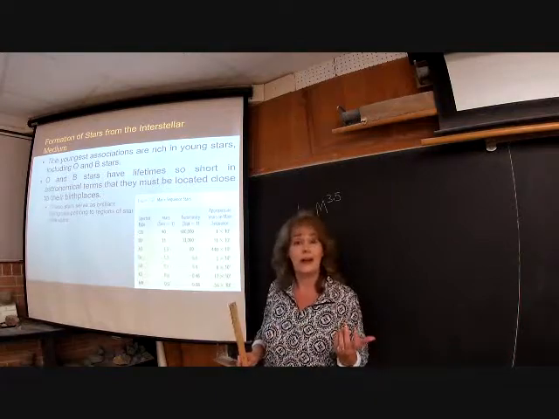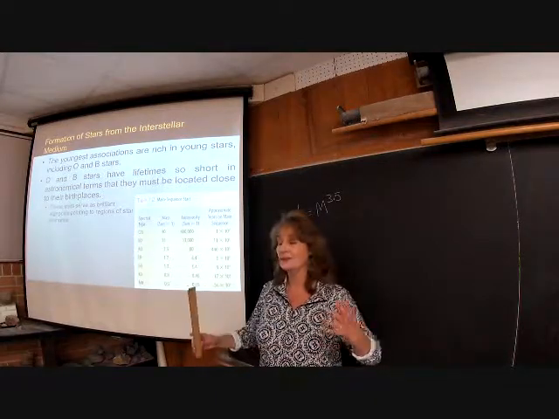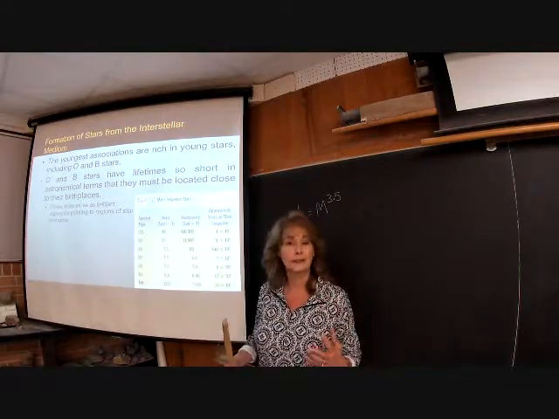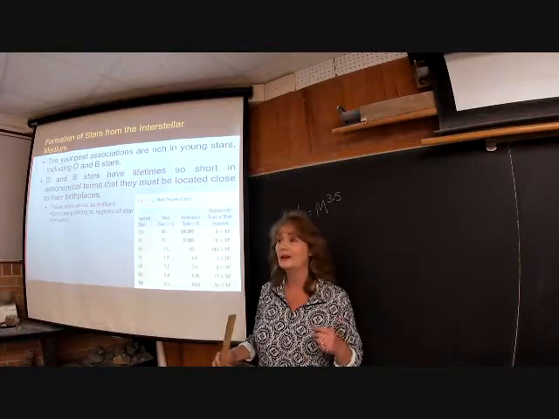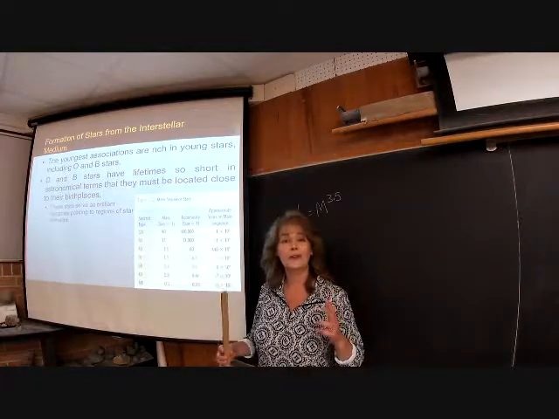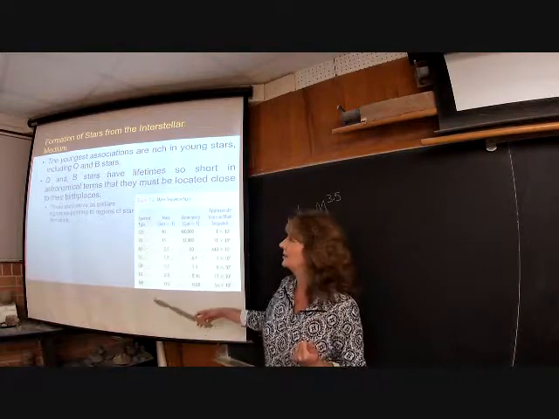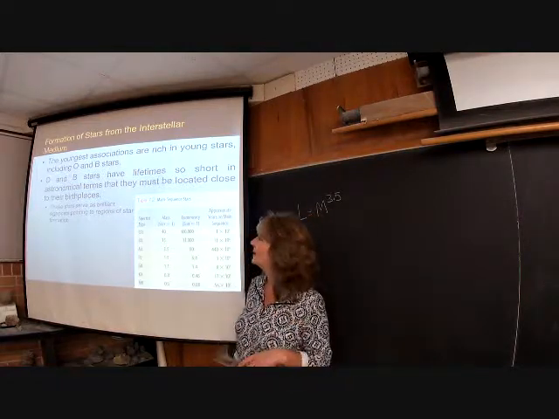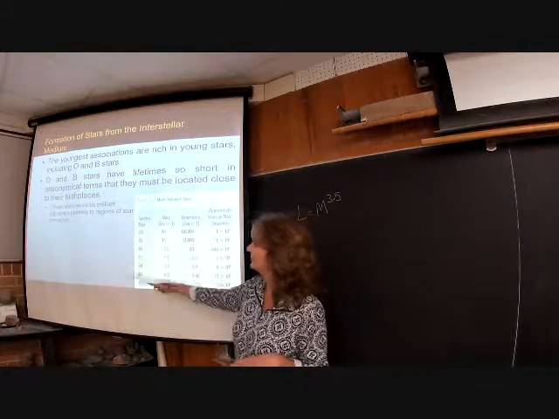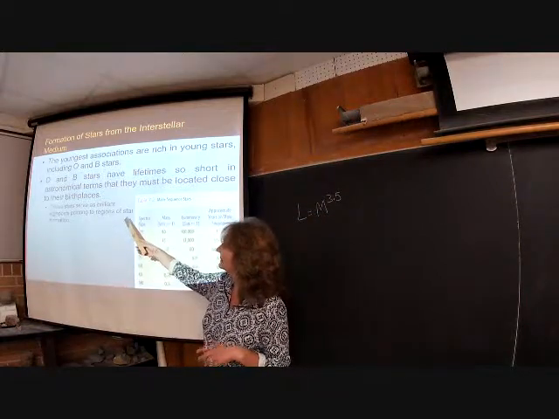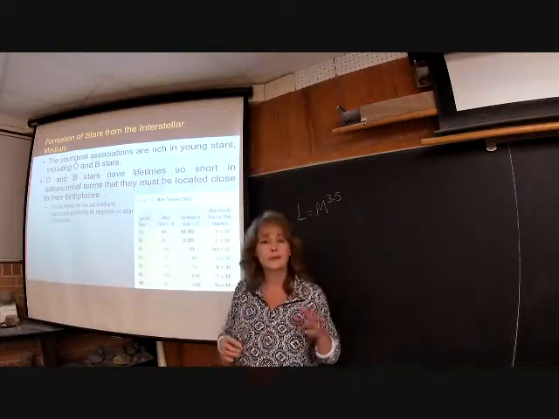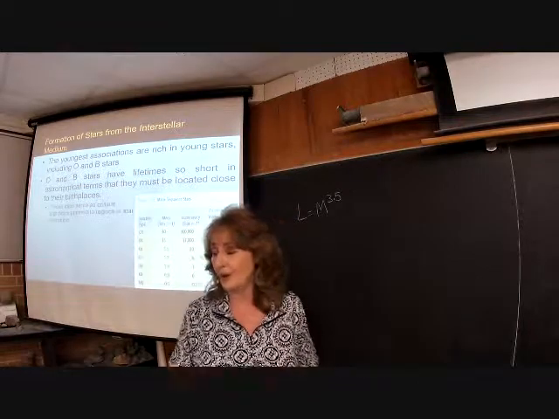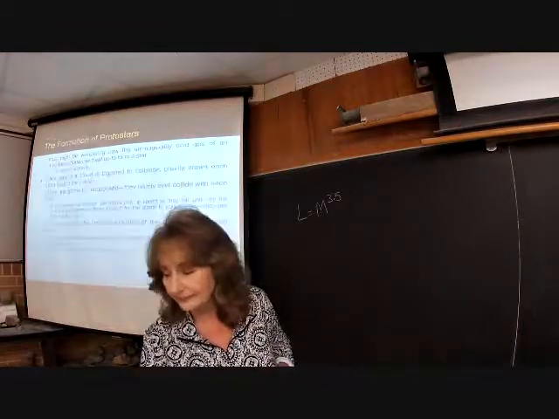So we know that they probably haven't drifted very far from their birthplace. So these young stars are like signposts of their birthplace. They haven't gone very far, so they're located very close to where they were born. Sort of like a brilliant signpost of where they actually formed.